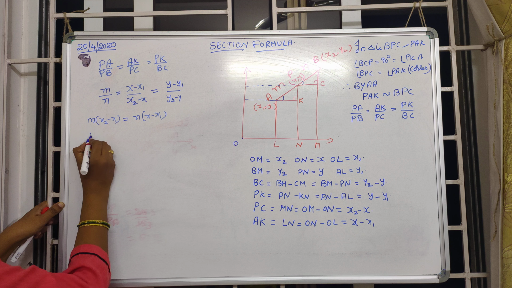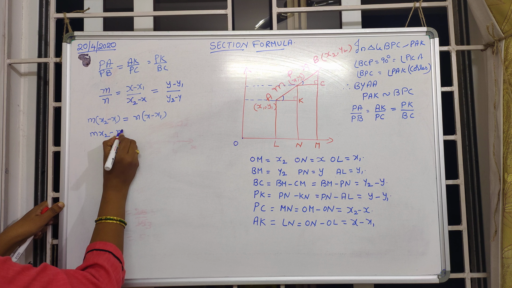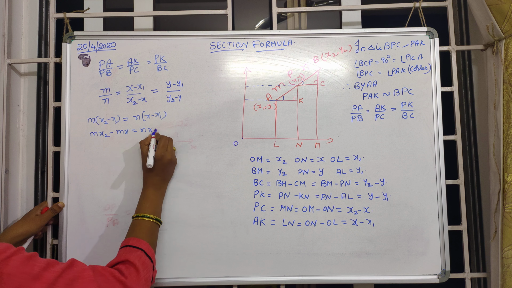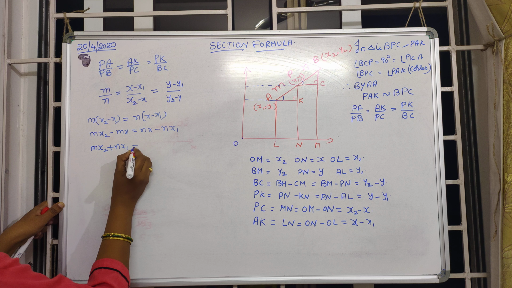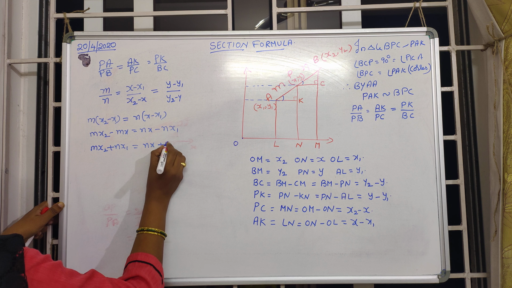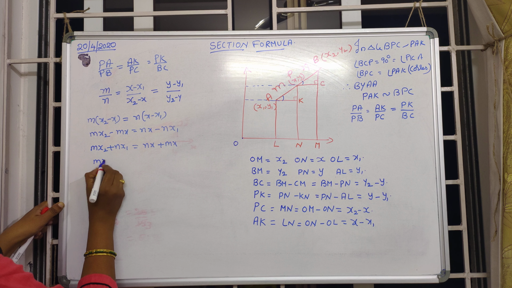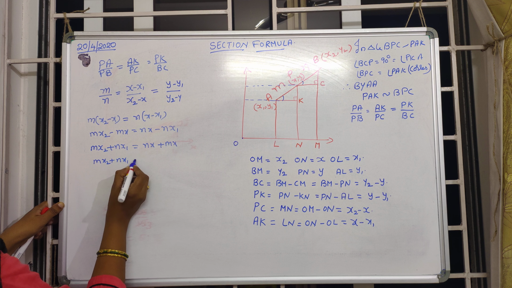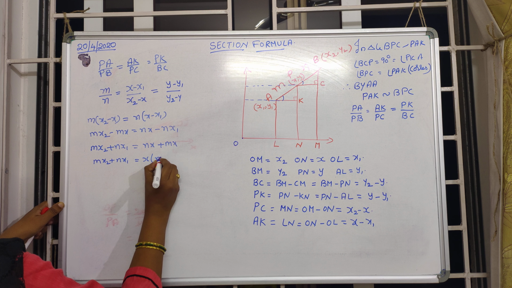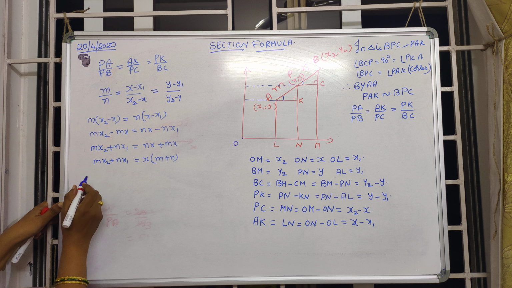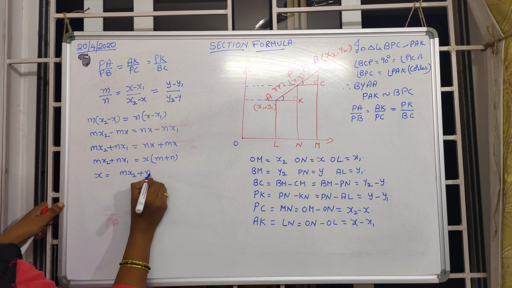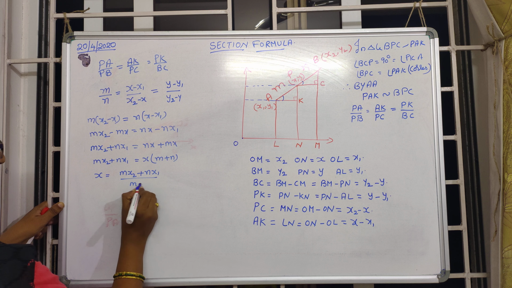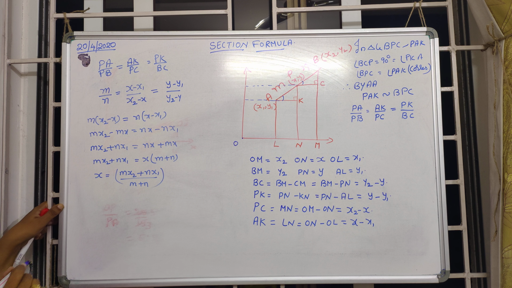Now here mx2 minus mx equal to nx minus nx1. mx2 plus nx1 equal to nx plus mx. mx2 plus nx1 equal to, if I am taking x common, m plus n, this you send this side, that is x equal to mx2 plus nx1 by m plus n. This is one coordinate we got.